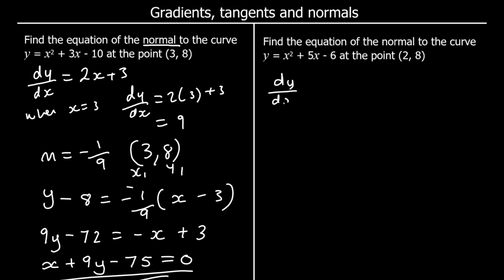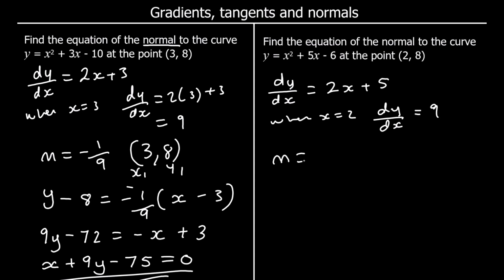So dy/dx again, which is 2x plus 5. When x is 2, dy/dx is 2 twos plus 5, which is 9. So the gradient of the normal is a negative reciprocal, minus 1/9. And we've got x1, y1.